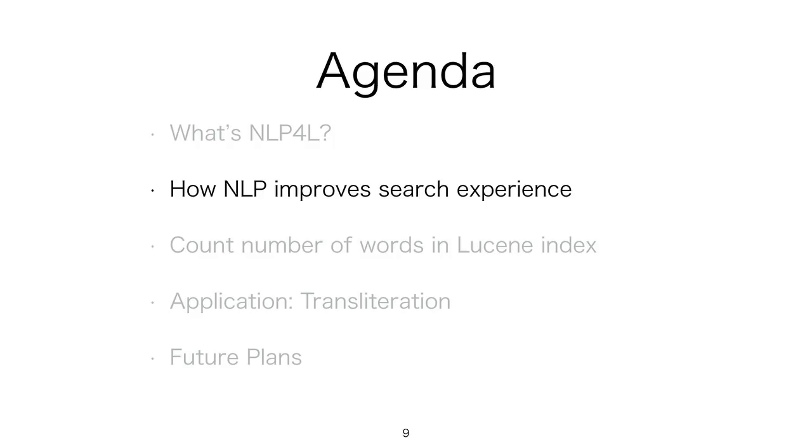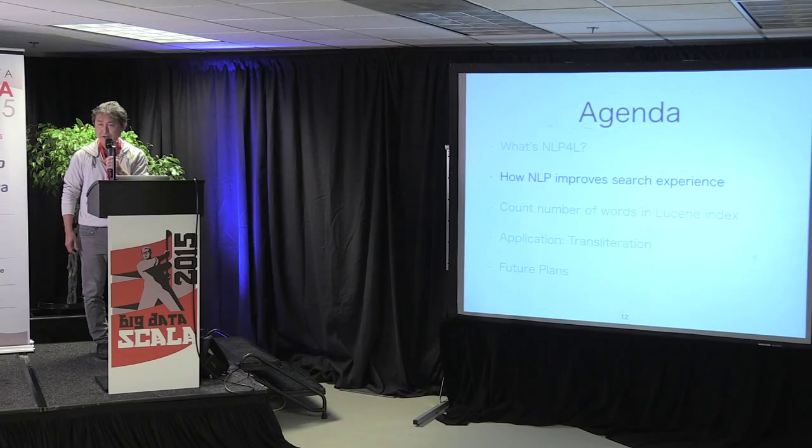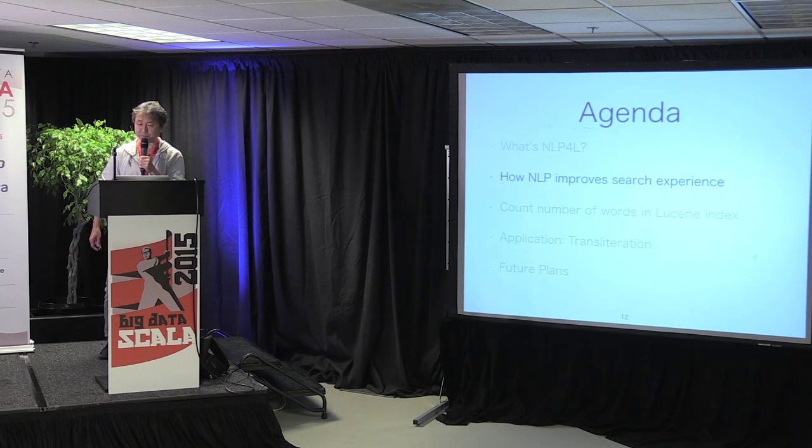Next, I'll explain how NLP improves such experience. I think it's important to know how NLP technologies can improve users' experience when they search. By knowing it, we understand why NLP4L provides functions that are being implemented now.